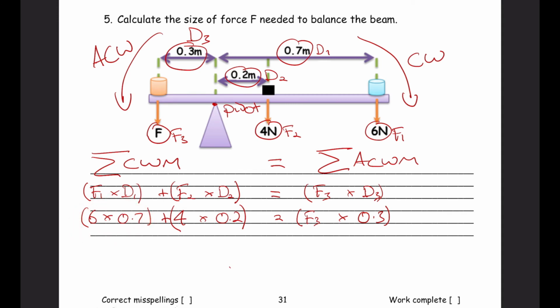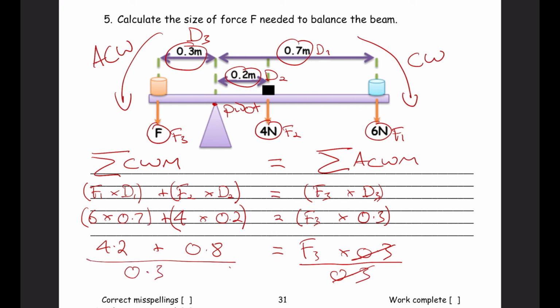Simplify the problem by multiplying the things together that can be multiplied. So 6 times 0.7, 4 times 0.2, and F3 times 0.3. F3 needs to be on its own, so we need to divide the right hand side by 0.3 to cancel those out. And as always, because it's an equation, we need to divide the left hand side by 0.3, so we're being balanced.